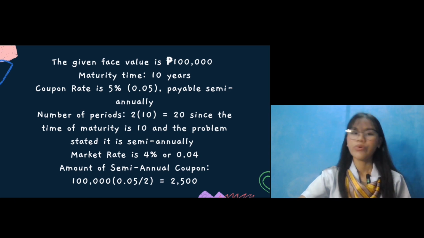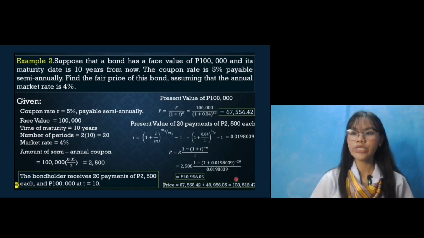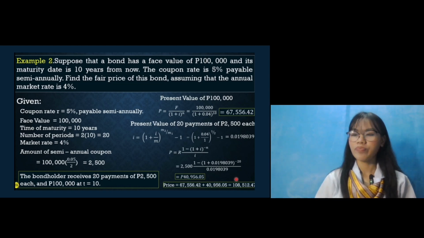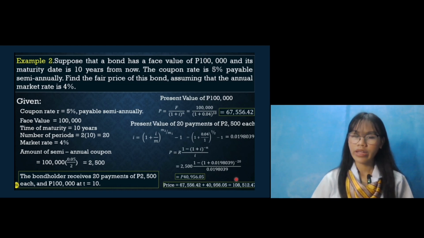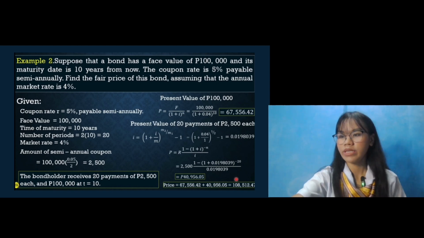And then, first, we need to solve the amount of the semi-annual coupon. So in order to do that, we need to multiply our face value, which is 100,000, by the coupon rate, which is 0.05. And then, in order to get our semi-annual coupon, we need to divide by 2. Okay? So if we divide it, our answer would be 2,500.